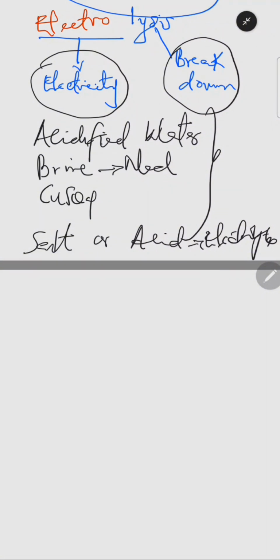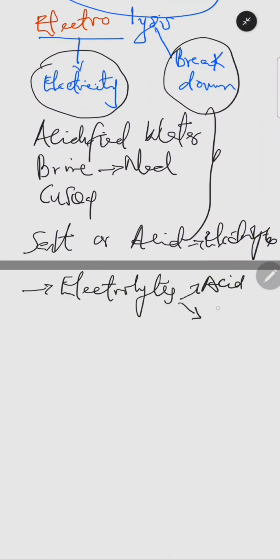So it means we need materials like, number one, electrolyte, which, like I said, can either be an acid or a salt. Then we need electrodes. Why do we need electrodes?